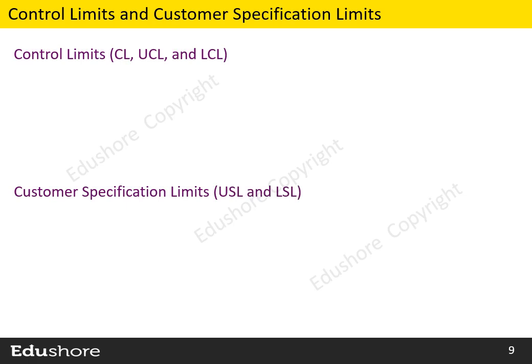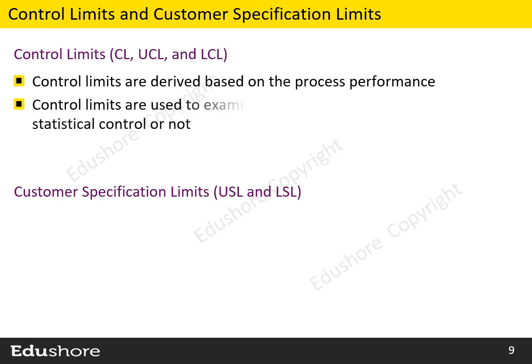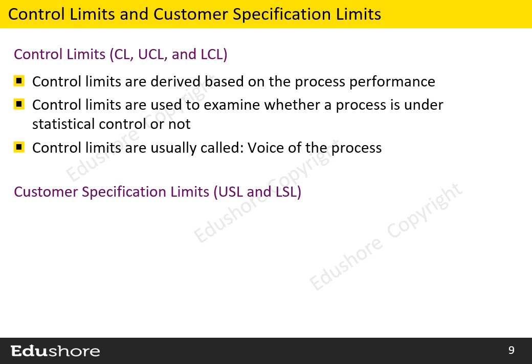It is very important to understand the difference between control limits and the customer specification limits. Control limits are derived based on the process performance. Control limits are used to examine whether a process is under statistical control or not. Control limits are usually called voice of the process.